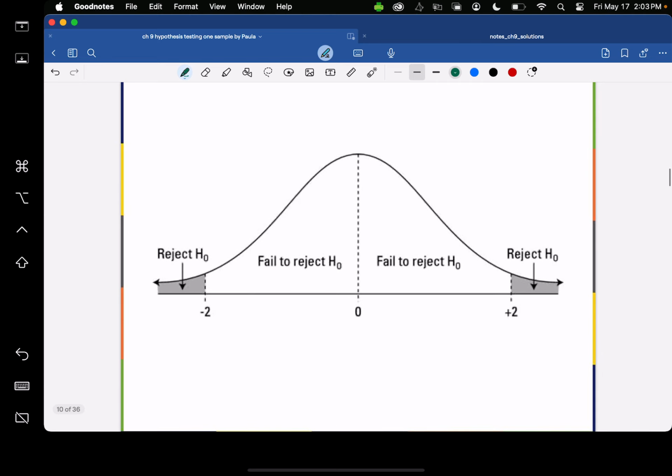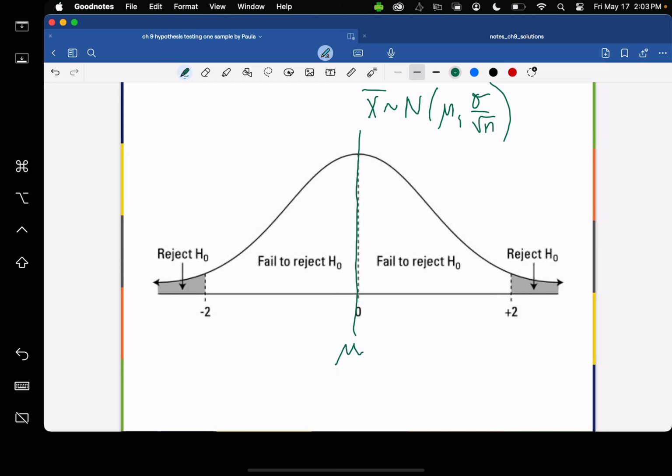Now, if you think about the normal distribution, the distribution of x bar, this is what you learned in chapter 7, then the x bars, their middle is here at mu.